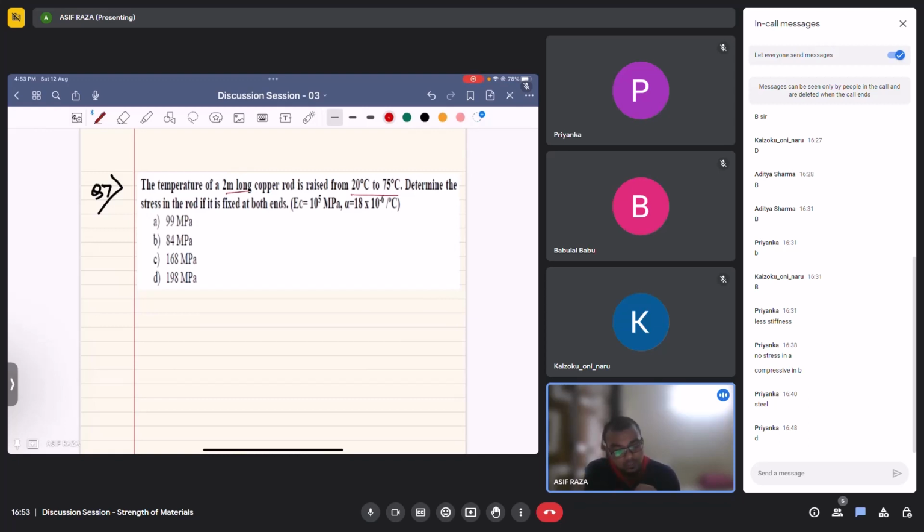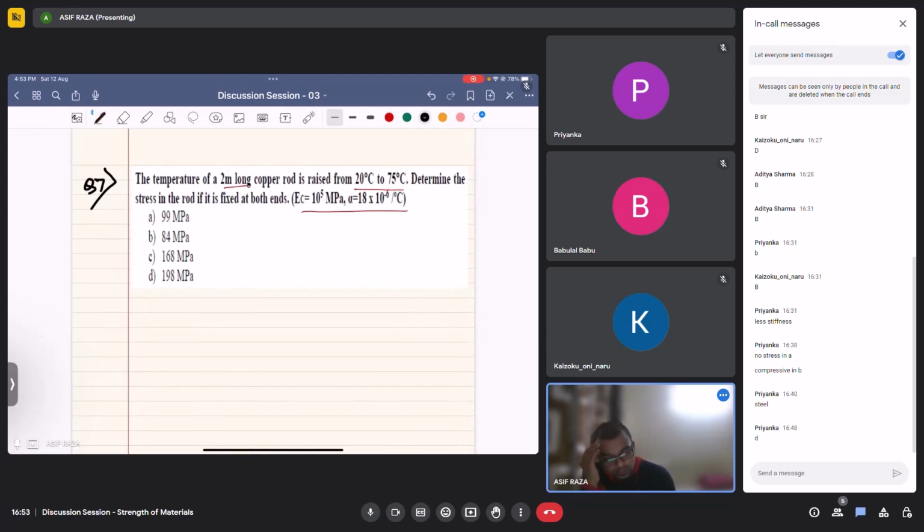Determine the stress in the rod if it is fixed at both ends. The values are already provided, so this is quite a simple question. I would ask all three of you who are present, Shiva, Babu, and Priyanka, to solve it and give your answers.